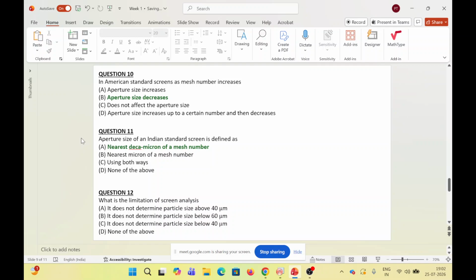So the particle size below 40, sir. So you need to have a particle size above 40 micrometers to do the screen analysis. If you have a particle size below 40 micrometers, then sieve analysis will not work out. So that is the option.